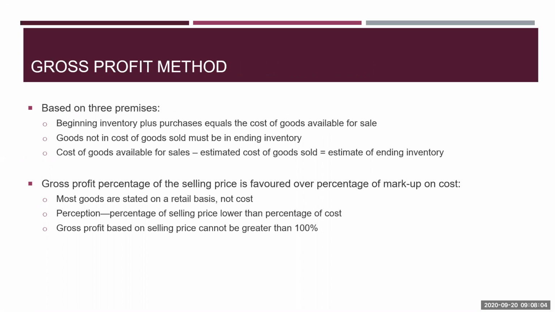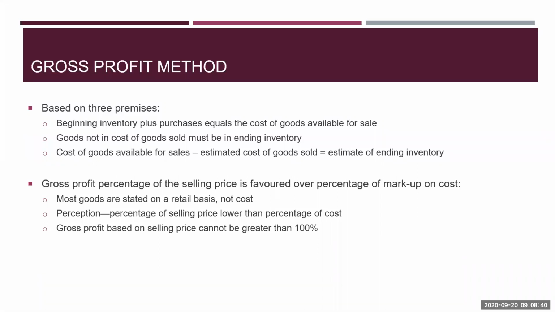Remember, when we were talking about the cost of goods sold formula, we said beginning inventory plus new purchases gives us our cost of goods available for sale, minus ending inventory gives us our cost of goods sold. So under the gross profit method, it is based on the fact that your beginning inventory plus purchases is equal to your cost of goods available for sale. And that cost of goods available for sale minus the estimated cost of goods sold will give you your ending inventory.